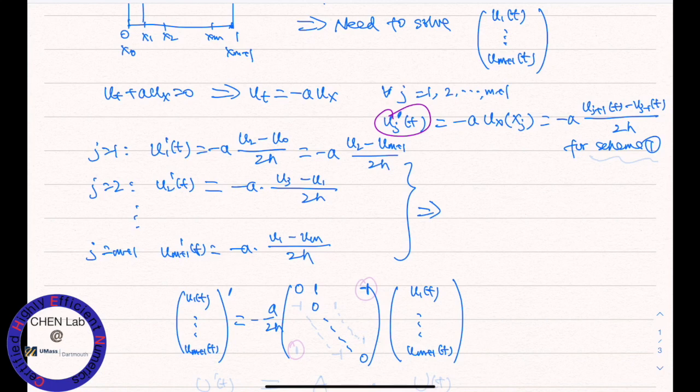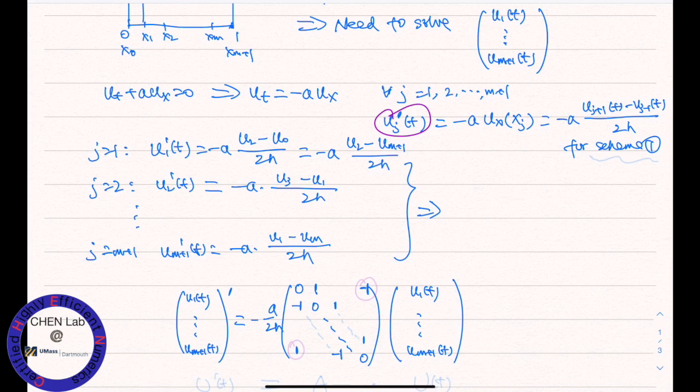For u2, you should put a 1 at u3 and a negative 1 at u1, and so on and so forth. For um plus 1, the very last one, you should put a 1 at u1 and a negative 1 at um. Okay, of course, second row from the last will be 1 here.